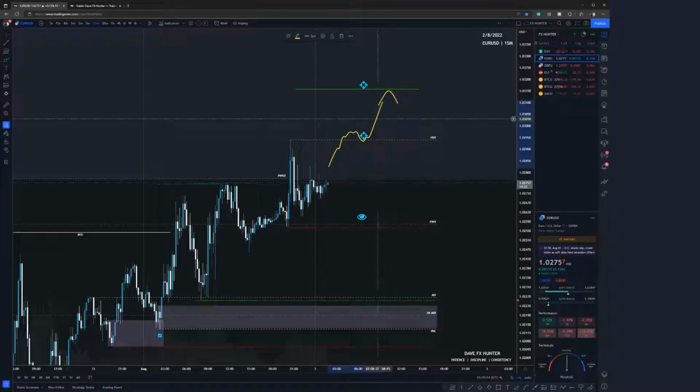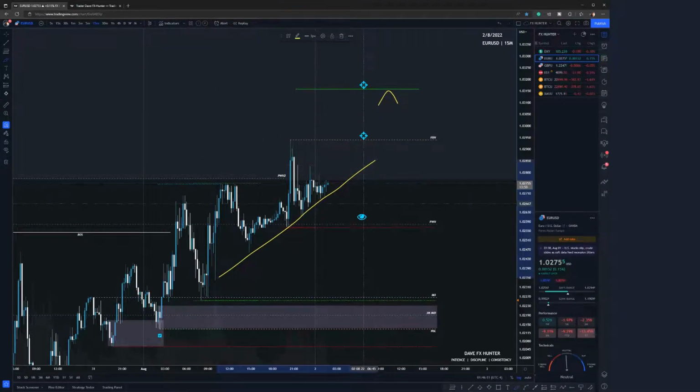So to simplify, it is to go from the internal liquidity to the external, right? For example, many people have a trend line in here, and what then happens is that it starts to break, does the retest, and then breaks again.